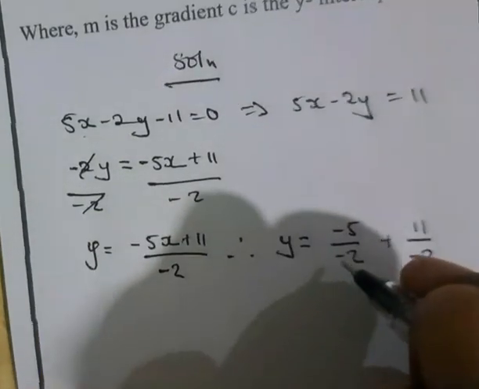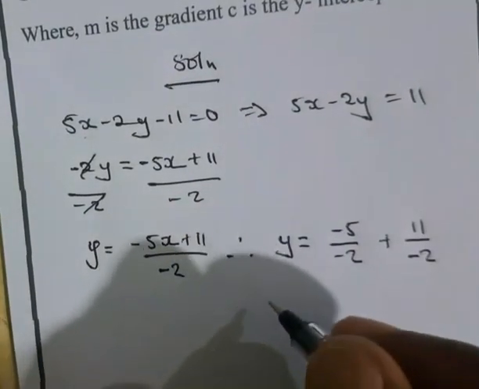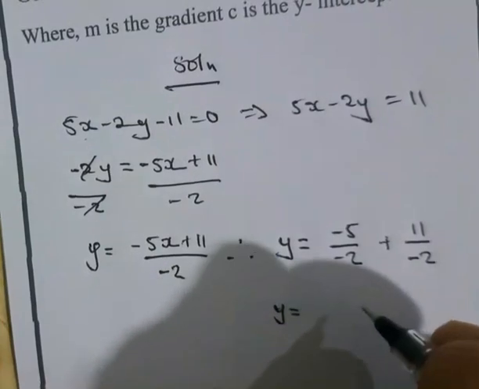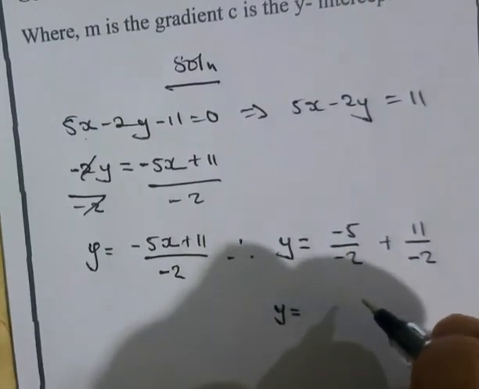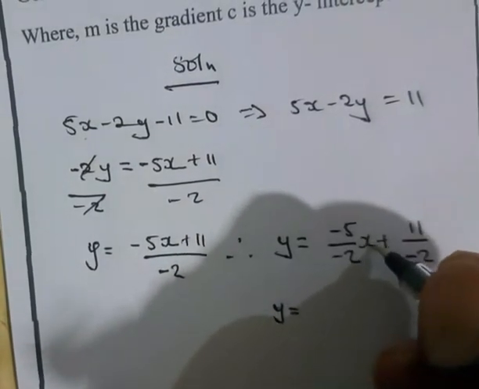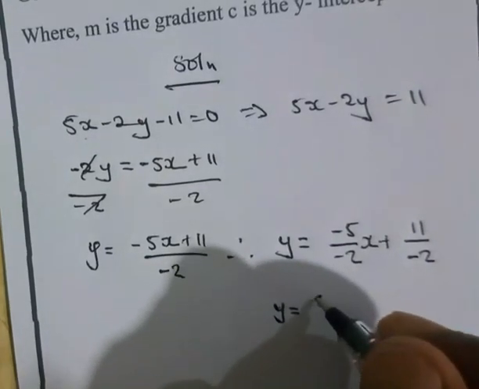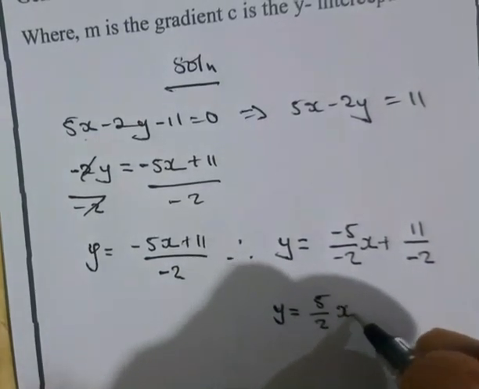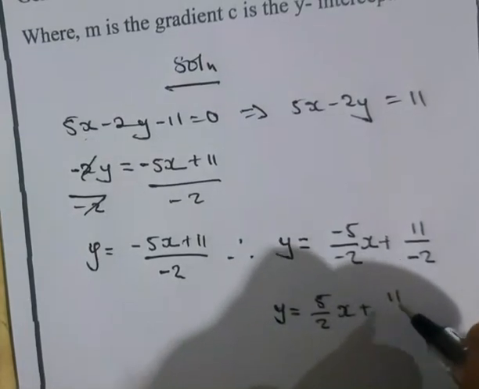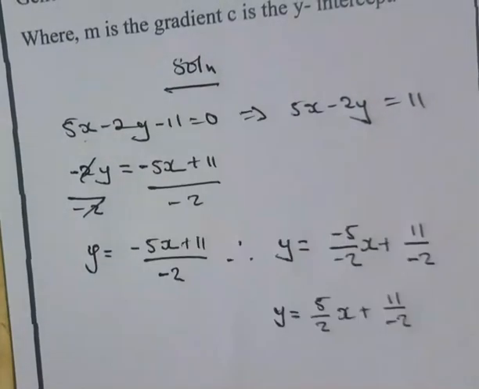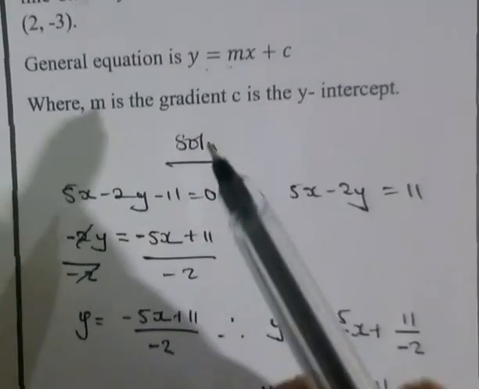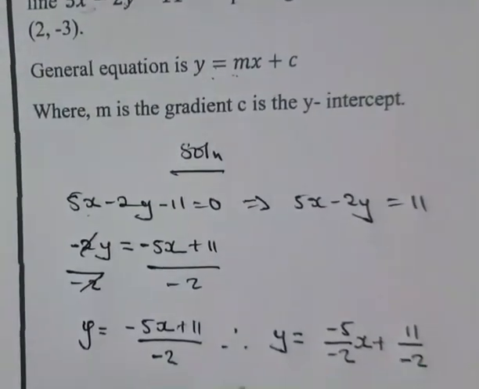If we divide, it will just be y is equal to 5 over 2 x plus 11 over negative 2, just like that. So now we have made y the subject of the formula.